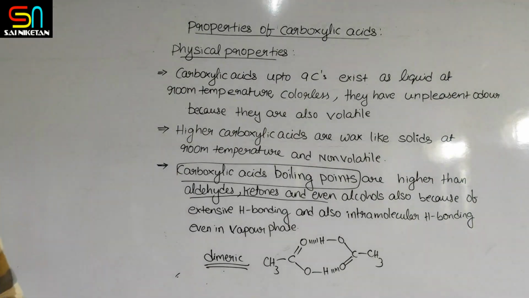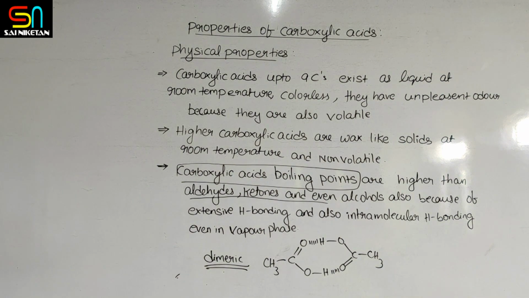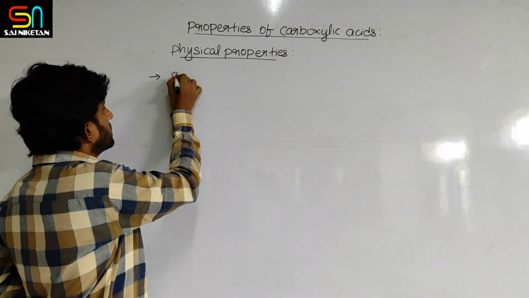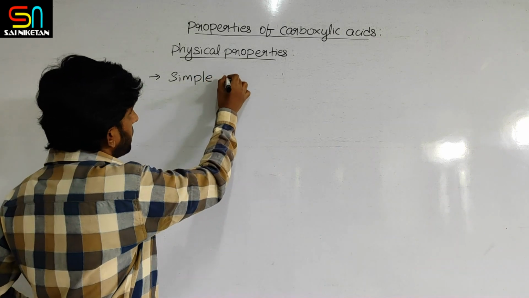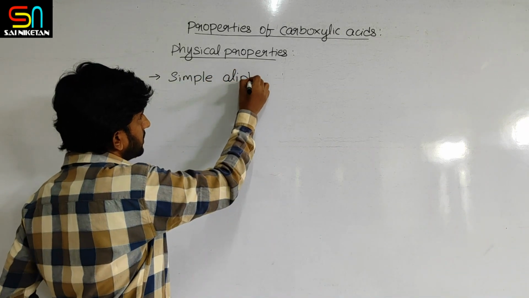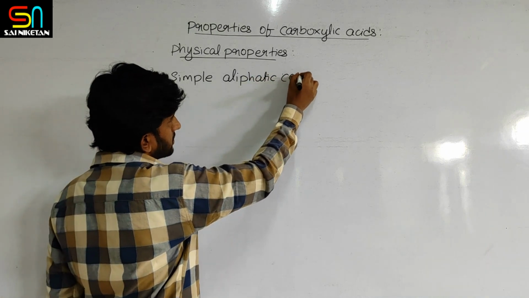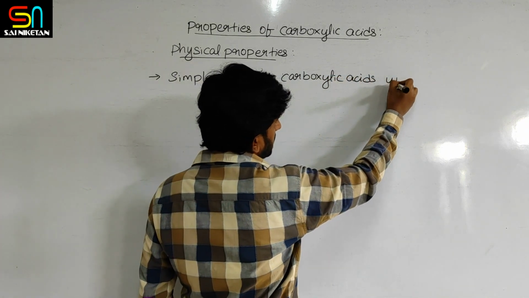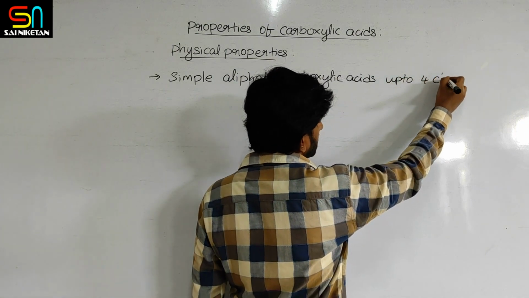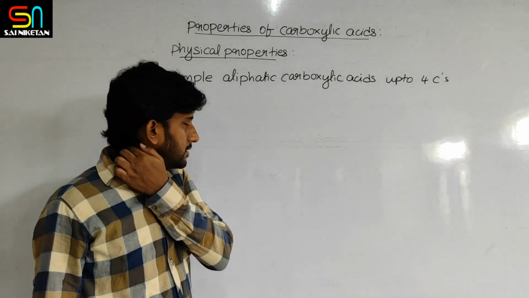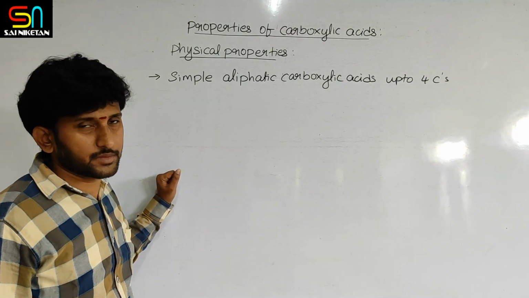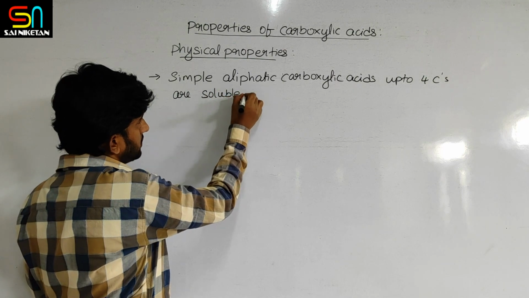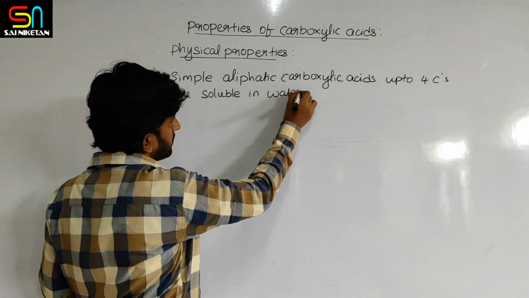Next, simple aliphatic carboxylic acids up to 4 carbons, means methanoic acid, ethanoic acid, propanoic acid, and butanoic acid, are soluble in water.